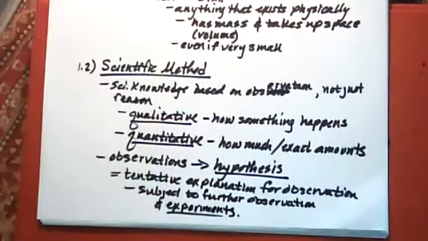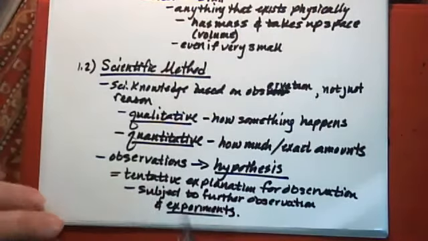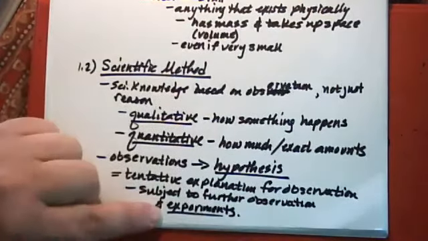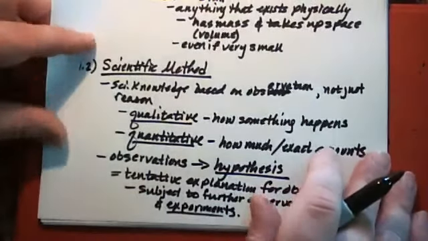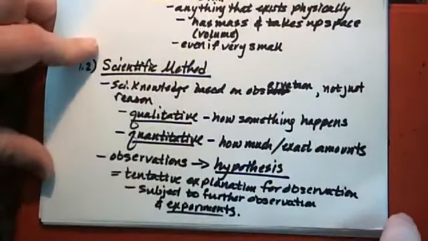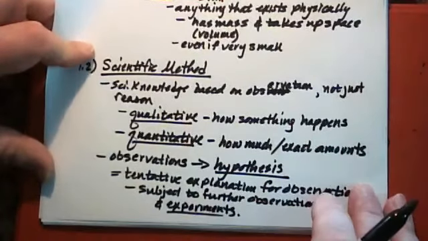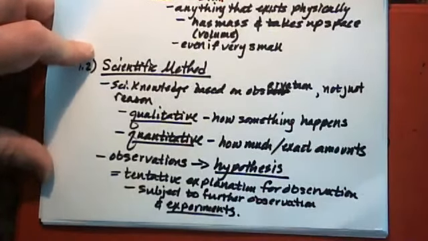And any hypothesis, though, will be subject to further observations and further experiments. In fact, when you formulate a hypothesis, the first thing you generally want to do is set up an experiment to test it. And believe me, in the world of science, if you don't, somebody else will.